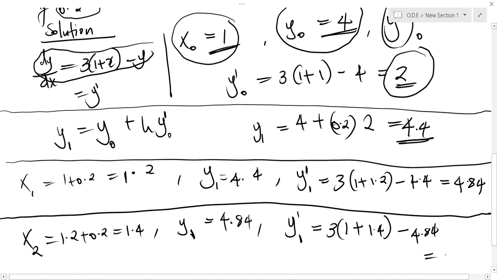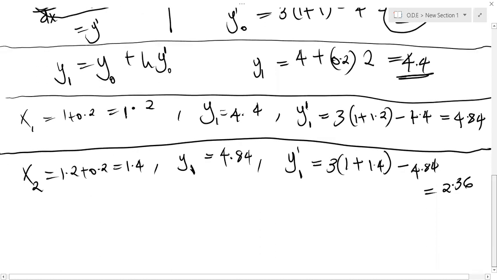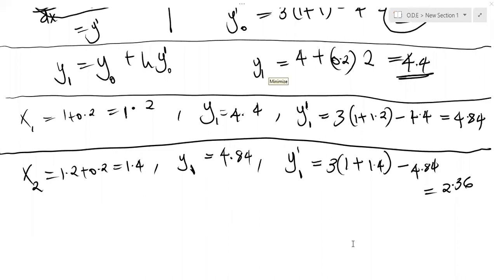And if we evaluate this, we get 2.36. So in a similar manner, we can fill up this table so that we get all the values from x naught, which is 1, all the way to the final value of x, which is 2, using the intervals 0.2.